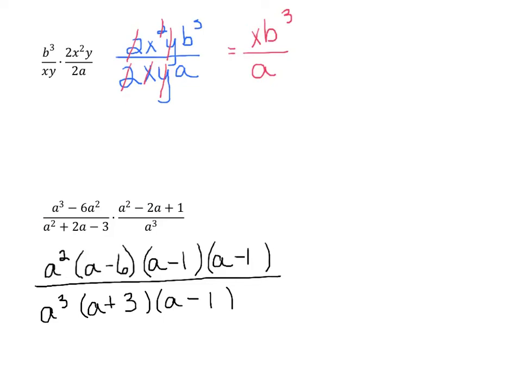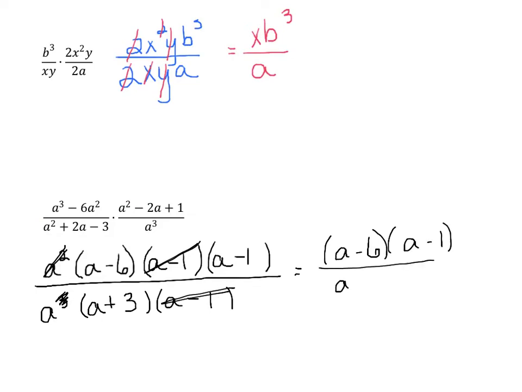So now I've done this, I can simplify. 2 a's go away here, leaving me with 1 here. I have an a minus 1 and an a minus 1. Nothing else factors out, so what I'm left with, nothing else factors.